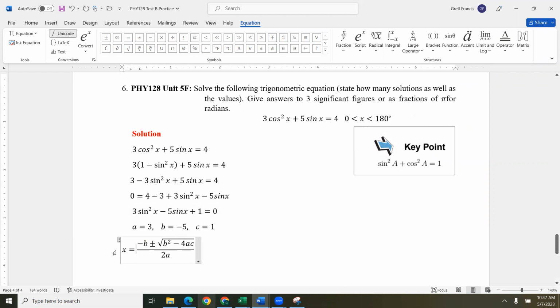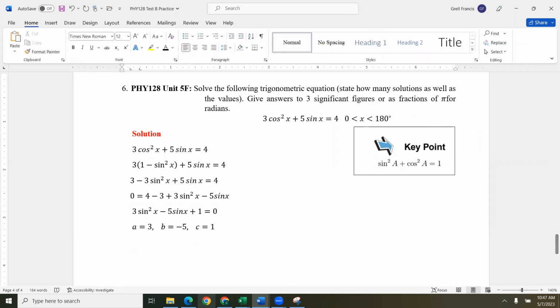But x here now will play the role of sine of x. So it's like we are finding sine of x.